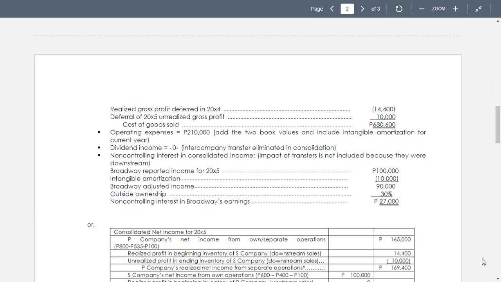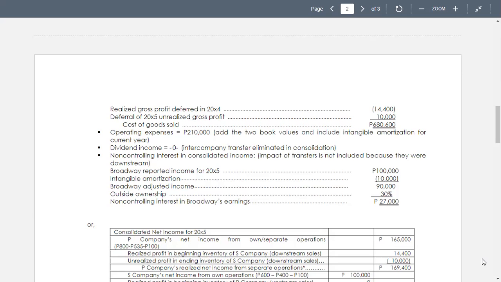From the adjusted net income, we multiply it by the ownership interest of 30%. So we now get the non-controlling interest in Broadway earnings of 27,000. Okay, that's the non-controlling interest.